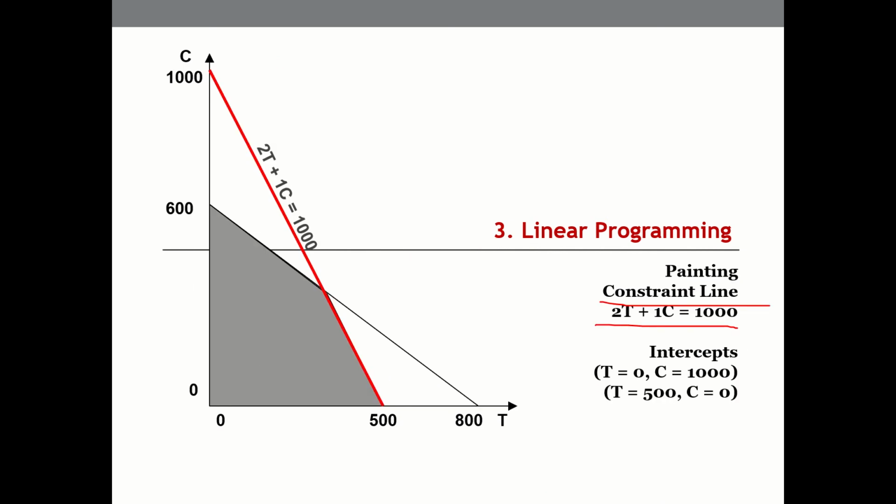If you put that into the equation, 2t plus 1c is equal to 1000. Similarly, we put 0 in place of t, and the c value is 1000. And if you put c as 0, the t value is 500. I hope you know how to get this. I have explained it in the last equation.